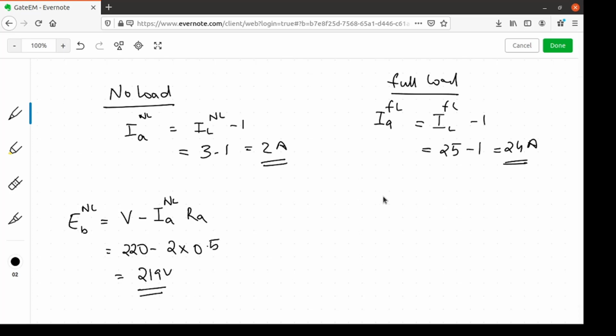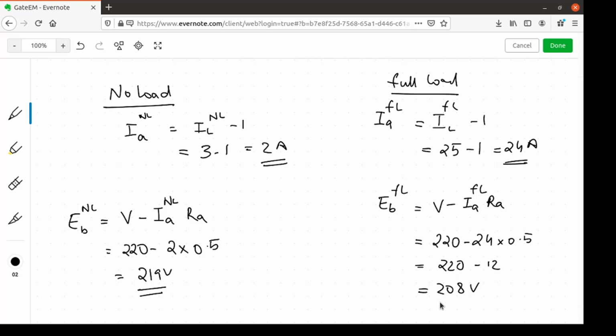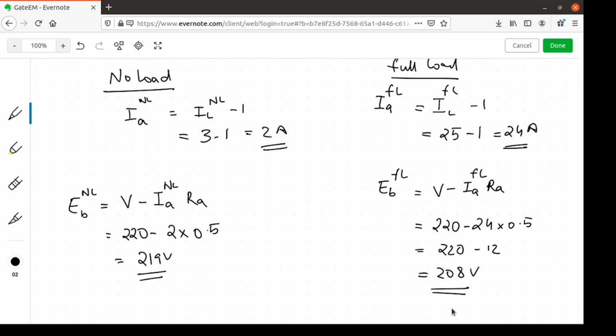Similarly, in the full load case, we'll get Eb FL equals V minus Ia FL times Ra. That will be equal to 220 minus 24 times 0.5. So that will be equal to 220 minus 12 or 208 volts. So we have both the back EMFs.